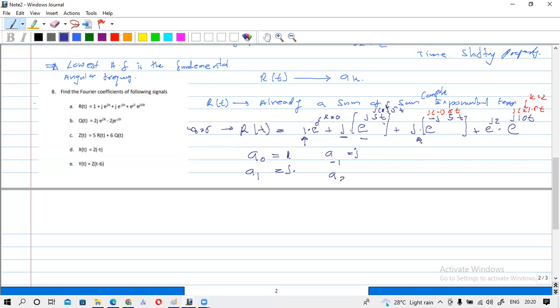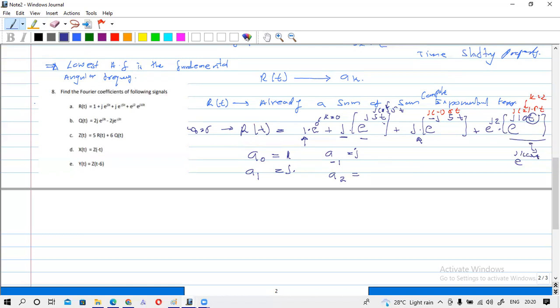So here we have a2 is equal to, you can see that this term includes the t. This t is the variable. So this will be your exponential terms, e j k omega naught t.